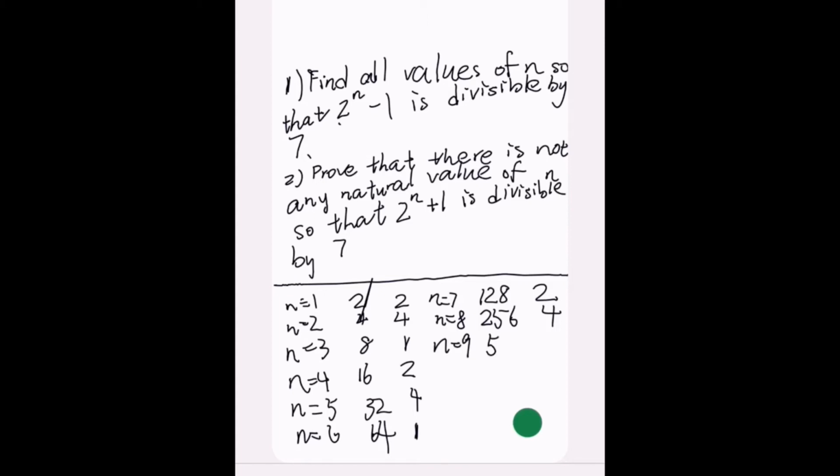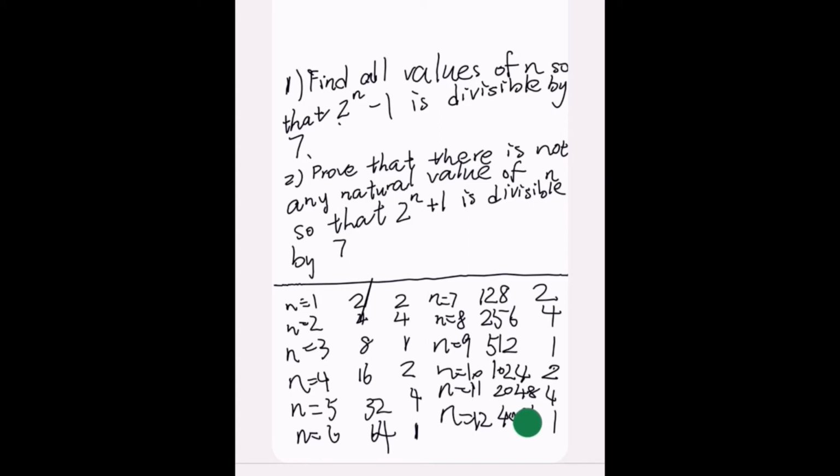The answer is 512 and the remainder is 1. Let's assume n is 10. The result is 1024 and the remainder is 2. n is 11. It's 2048 and the remainder is 4. n is 12. The answer is 4096 and the remainder is 1.